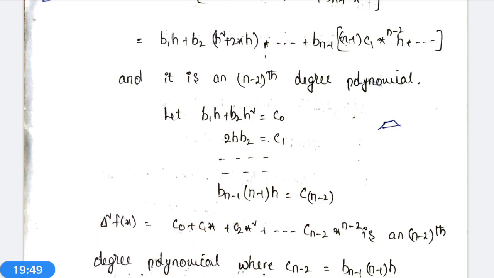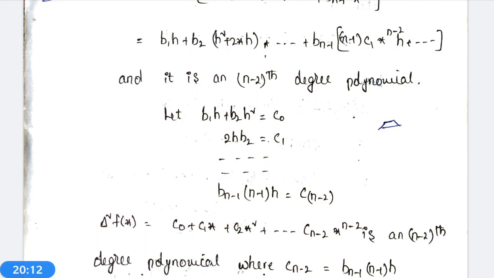So therefore delta power n fx is equal to an into h power n into n factorial. It is nothing but a constant. Therefore, delta power n fx is equal to constant. The constant is an into h power n into n factorial.